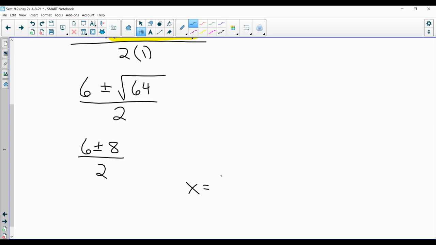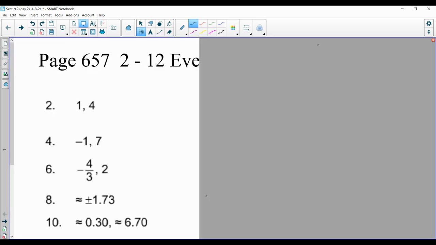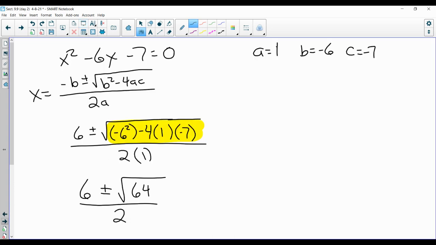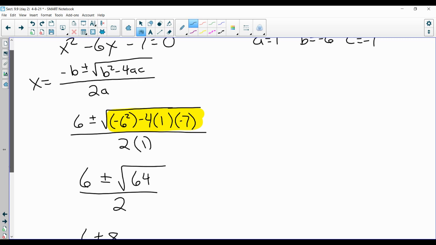X is going to be 7. And Grant, 6 minus 8 divided by 2? Negative 1. Okay. So there you go. Negative 1, 7 should have been our answers. Okay. Any questions about that?